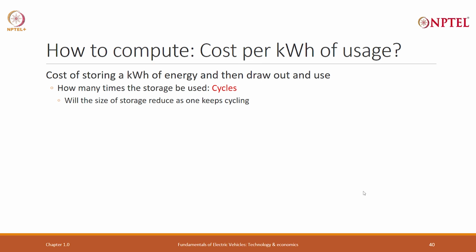Every time I use 1 kilowatt hour, how much money am I spending in terms of depreciation and interest rate? So, for the answer you have to first ask about the storage, the battery that you are using, how many times can you charge discharge? Take a 1 kilowatt hour battery, how many times can I charge discharge? 1000 cycles, 1500 cycles, 500 cycles? That question is very important.